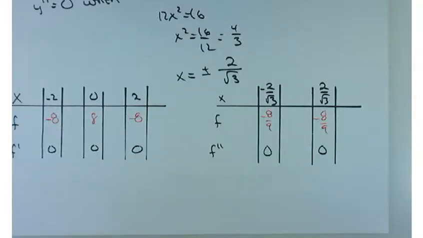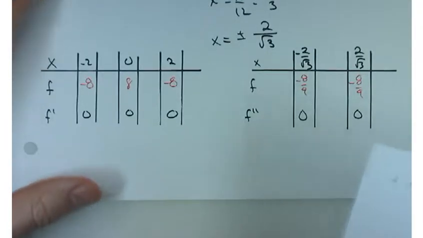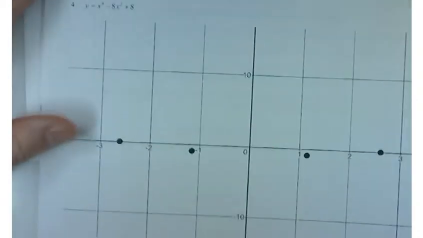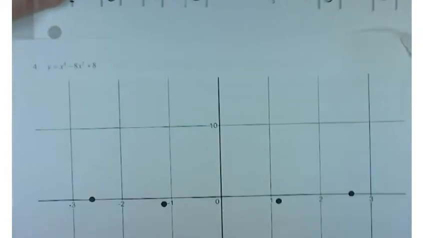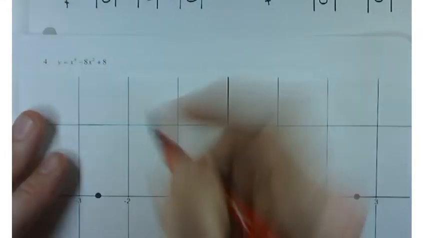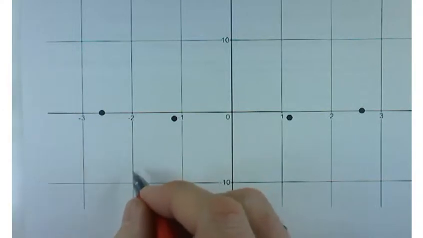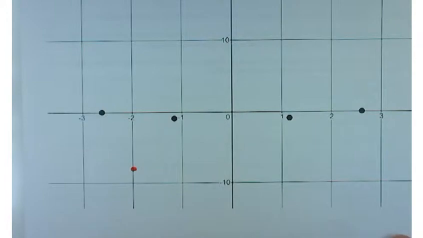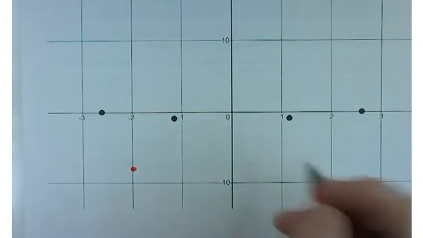So there's a couple things that we can do with our graph. We can put in a few of these points. We've got them. So on our graph paper, let's see here. Negative 2 and negative 8. That's going to be down here someplace. So about here. And 2 and negative 8.